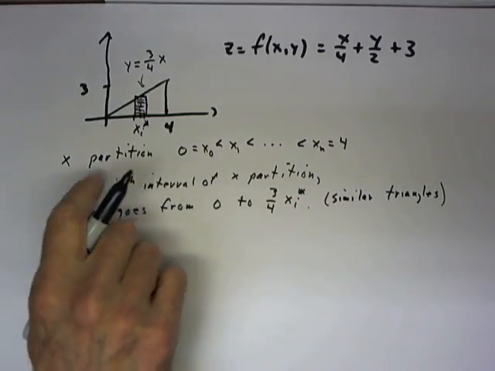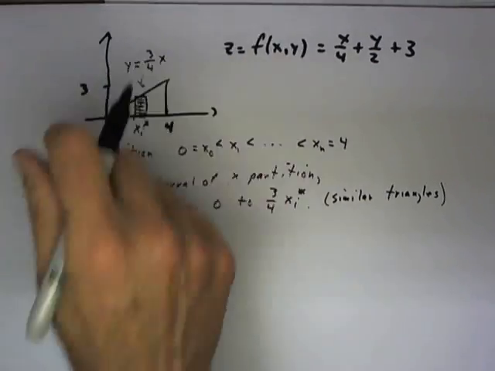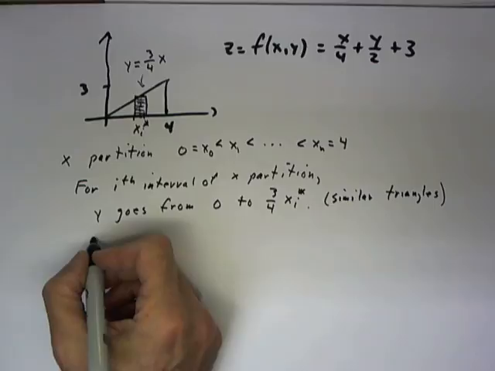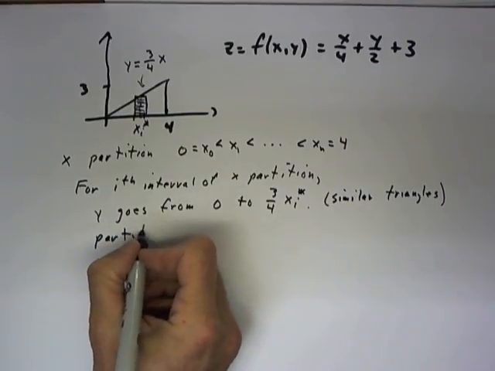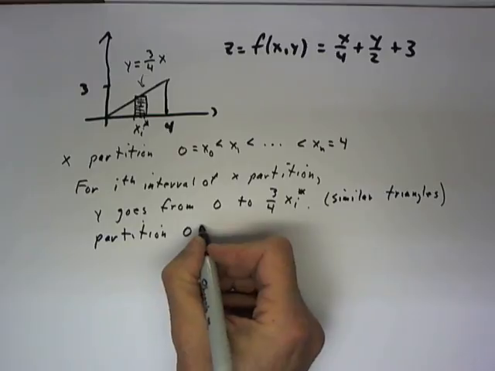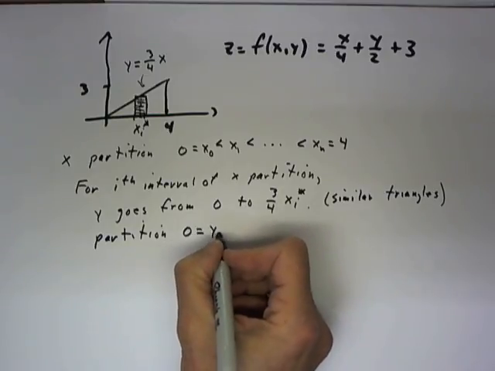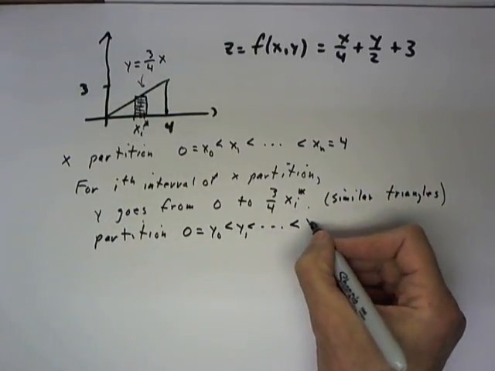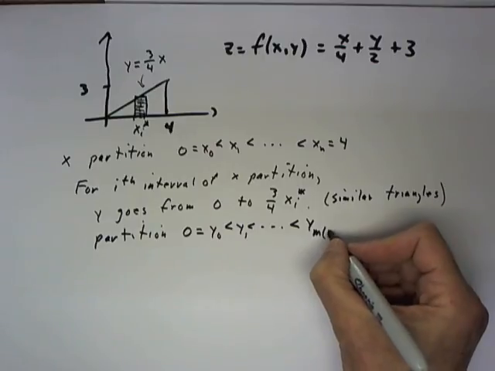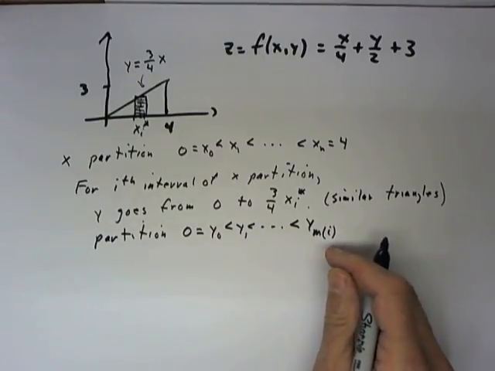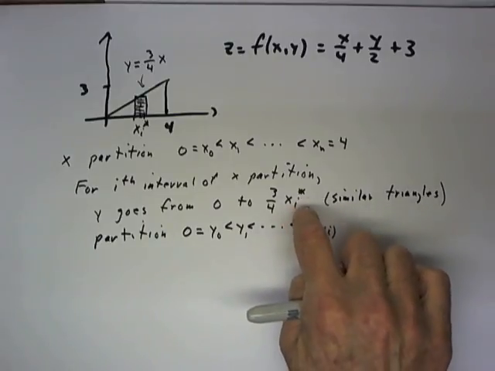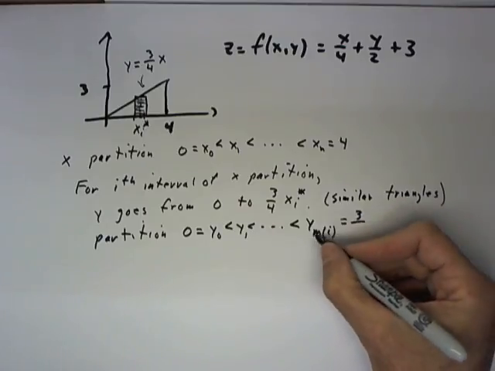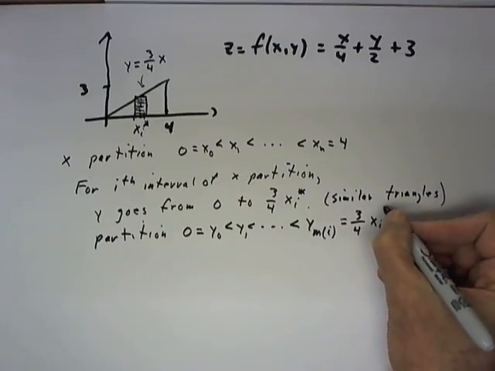So for the ith x subinterval, we have to partition the y interval from 0 to 3/4 xi. The partition is going to be 0 equals y0 less than y1 less than and so forth, less than y sub m, and I'm going to say m of i, m as a function of i, so that this corresponds to the ith interval, and y sub m of i is 3/4 xi star.